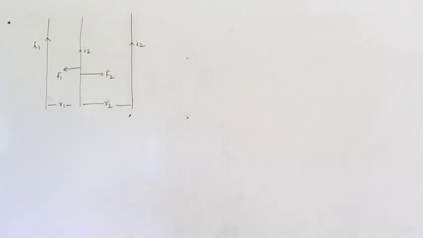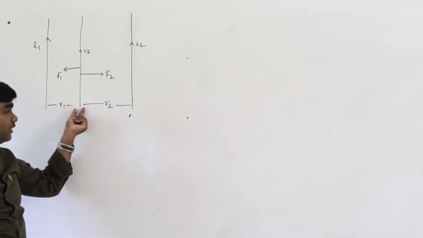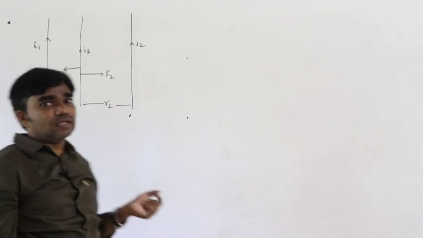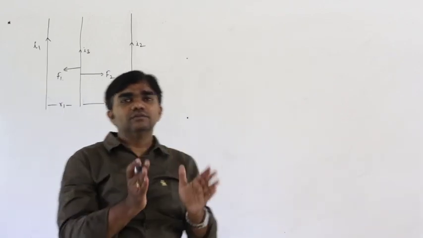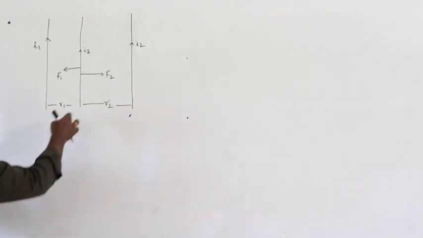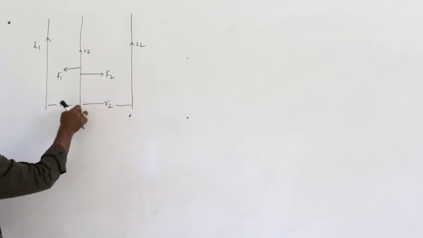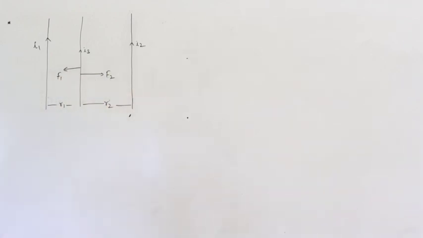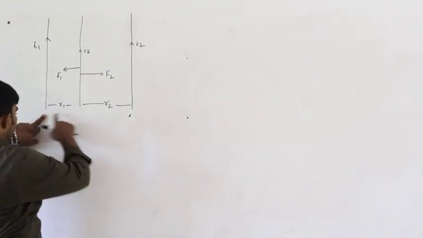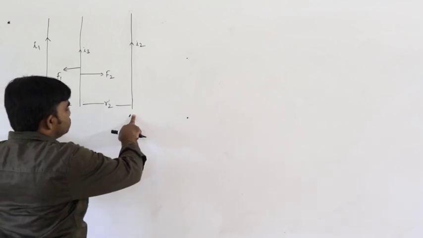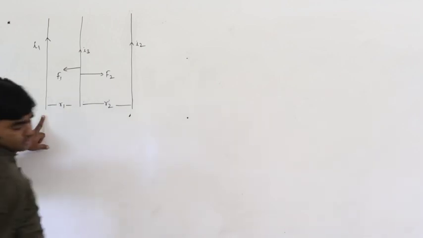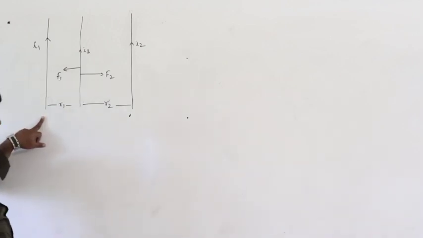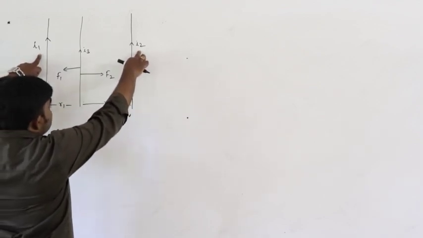Now we have to find out the net force on the conductor placed between them. So these are the currents I1 and I2, both in the same direction.